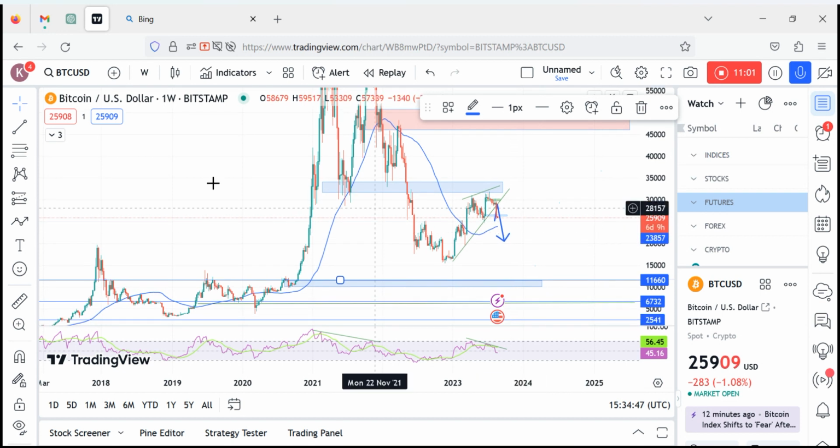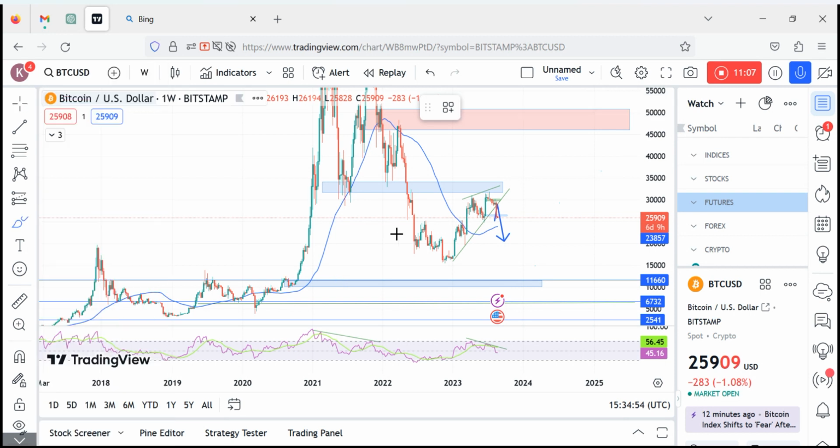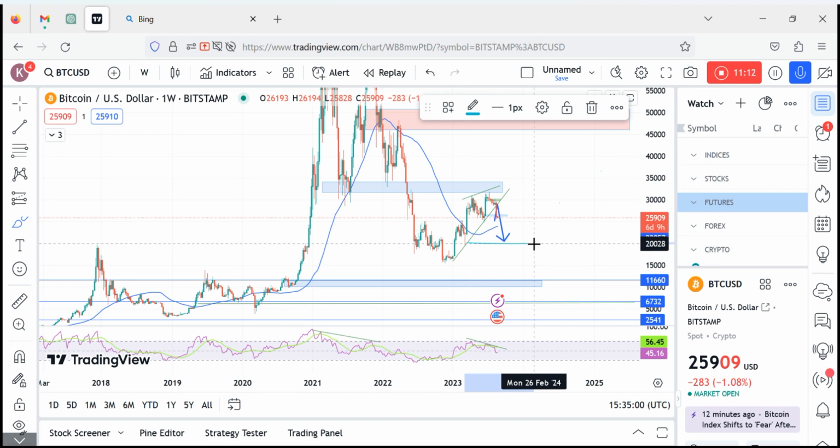The moment this low is broken, the market is likely to take out this low here. That is the green line I've drawn. Once it gets taken, it will move a little upper and then drop down again.